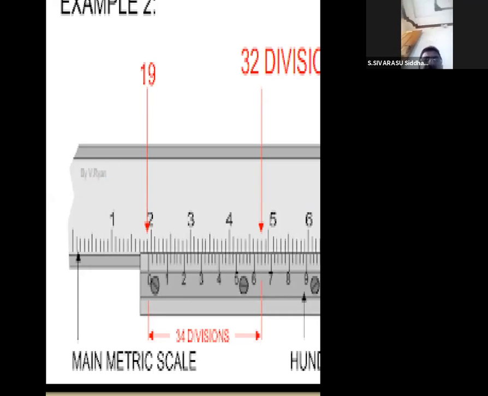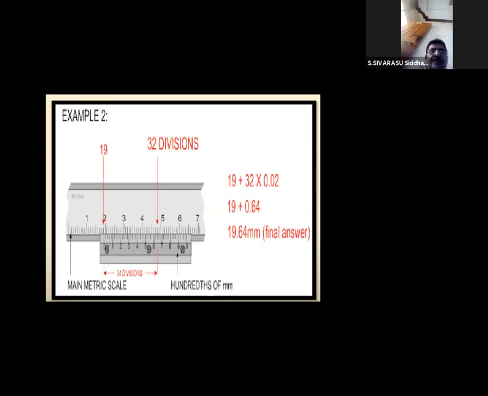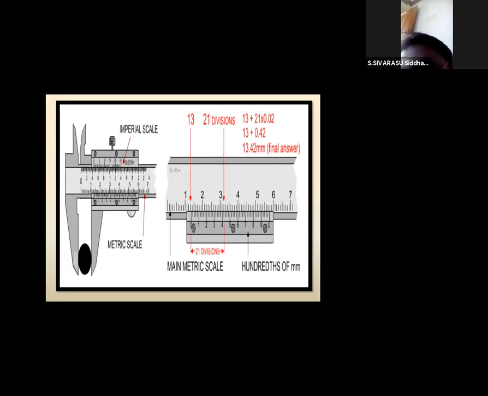Okay, let's see another example. Here also is another diagram. What is the reading? The same principle is applied to all of these while taking measurements. You can see where the Vernier scale division 0 is, and which line of the Vernier scale division coincides with the main scale division.